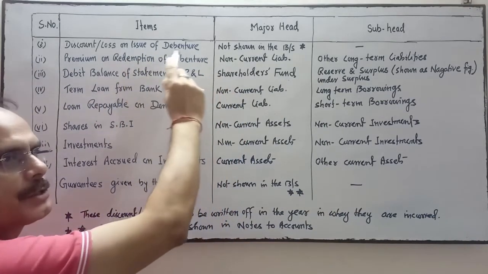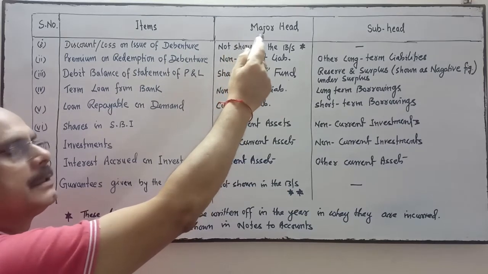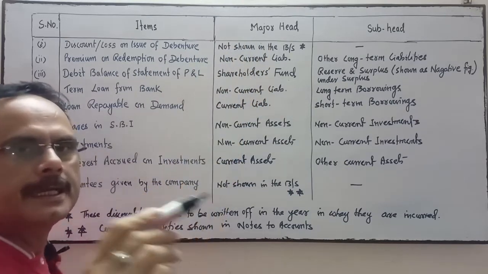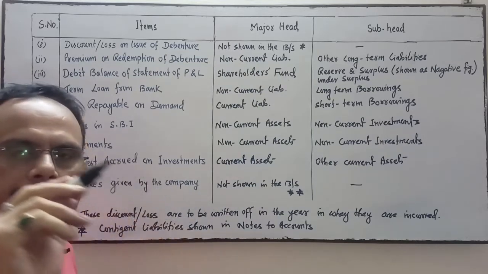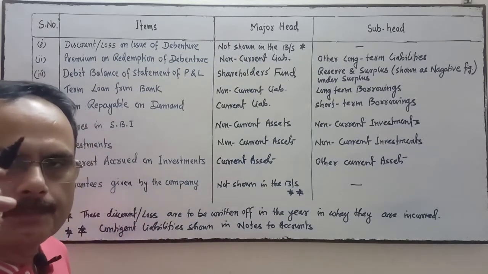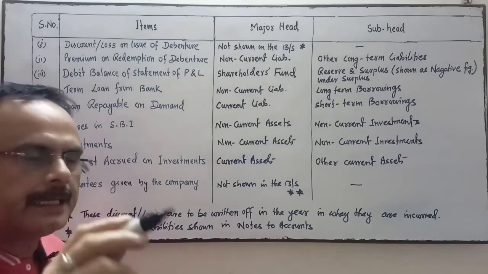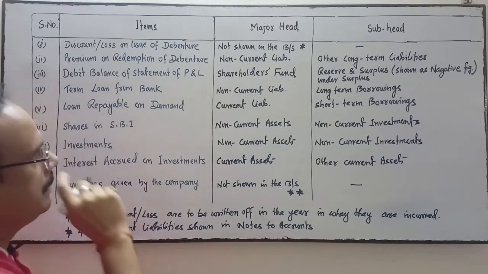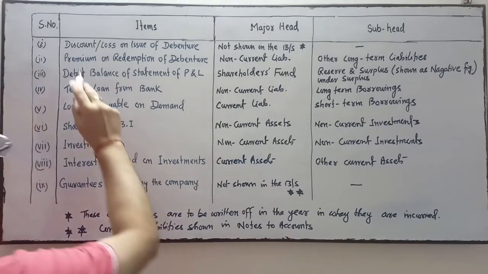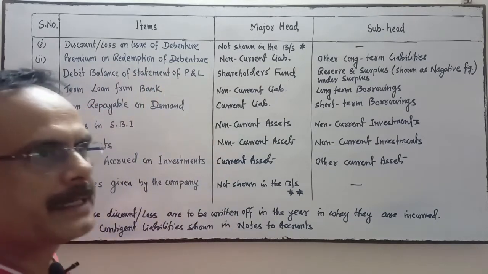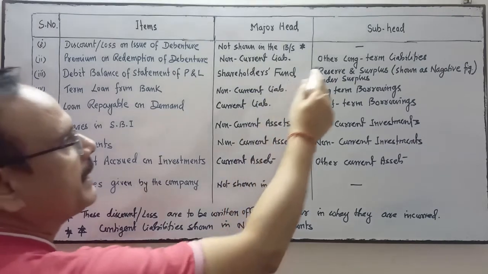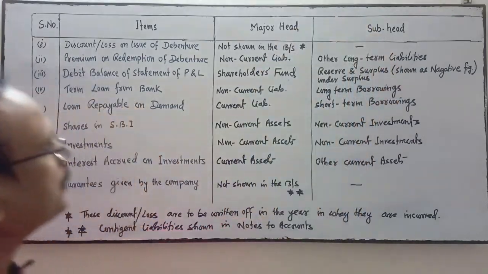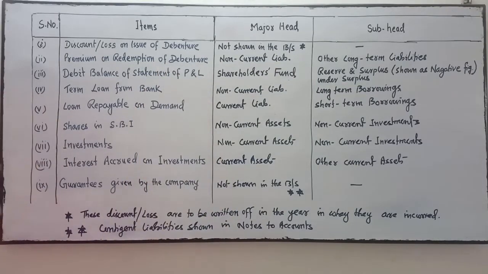Loss or discount on issue of debenture does not come under the balance sheet; it is adjusted in the statement of profit and loss in the year in which it is incurred. Premium on redemption of debenture comes under the non-current liability, and the subheading is other long-term liability. Is it clear?